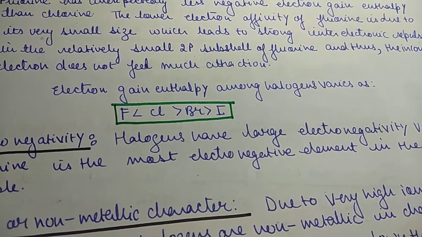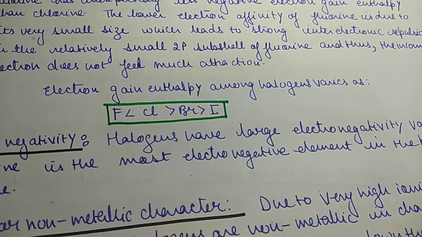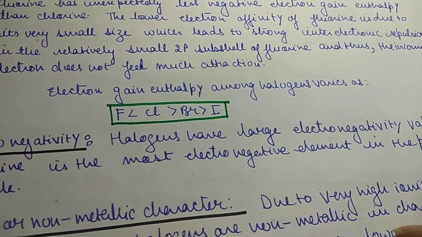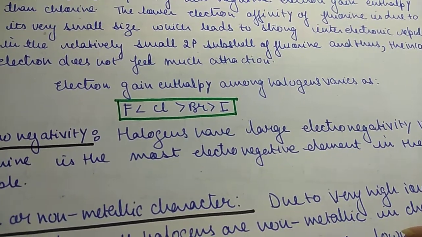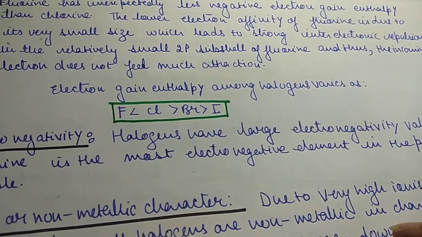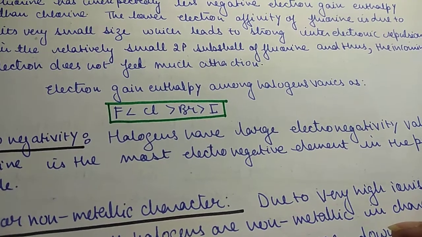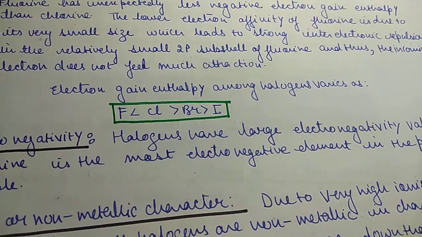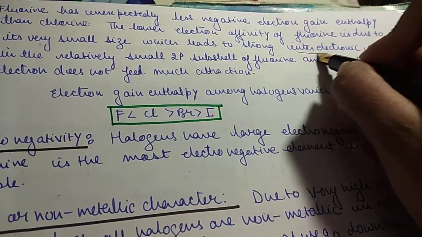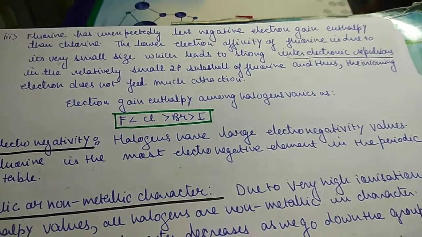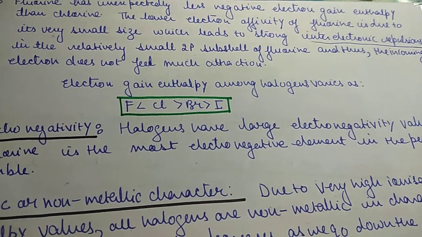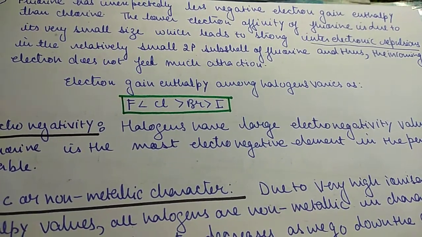There are inter-electronic repulsions, repulsions within the electrons which are present inside the fluorine atom, in the relatively small 2p subshell of fluorine, and thus the incoming electron does not feel much attraction.